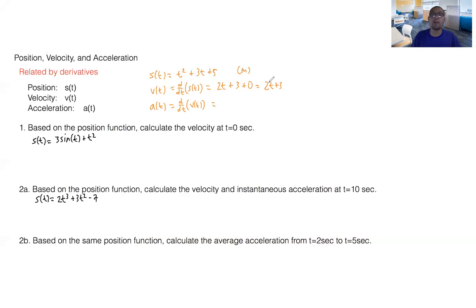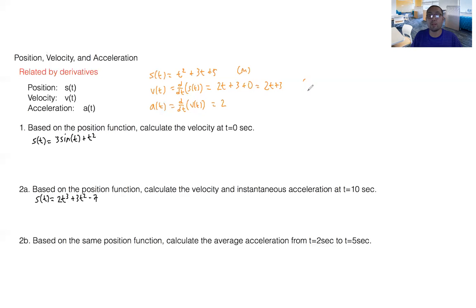Derivative of 2t is just 2, because 2t to the 1, technically, so 1 times 2 is 2. T to the 1 minus 1, subtract 1 from your exponent, it's 0, and t raised to the 0 is 1, so you get this. Plus the derivative of 3, which is a constant, is 0. And so you get your acceleration.